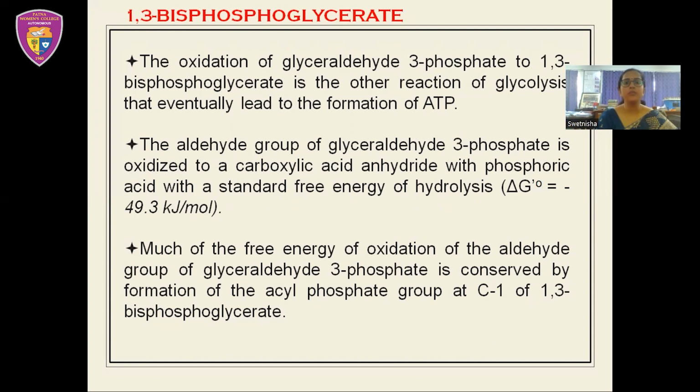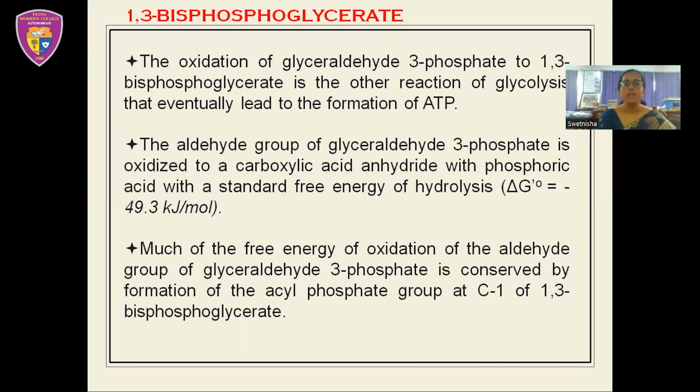There is an aldehyde group in glyceraldehyde 3-phosphate, which is then oxidized to a carboxylic acid anhydride with phosphoric acid, with a standard free energy of hydrolysis of minus 49.3 kilojoule per mole.